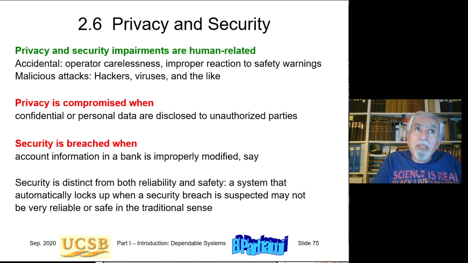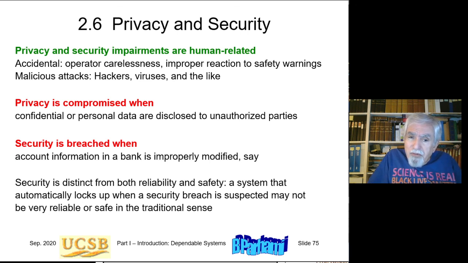The final topic that I'll discuss today relates to privacy and security. Privacy is compromised when confidential or personal data are disclosed to unauthorized parties. Security is breached when account information, for example, in a bank, is improperly modified.